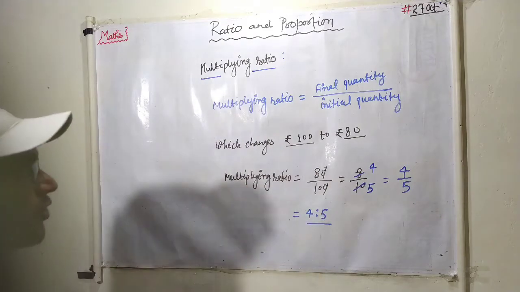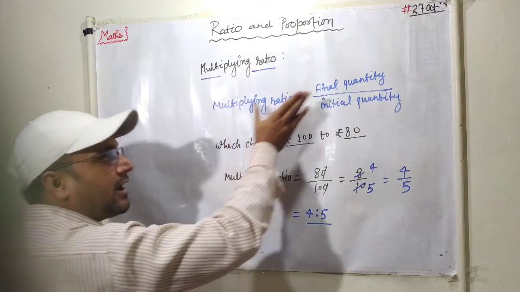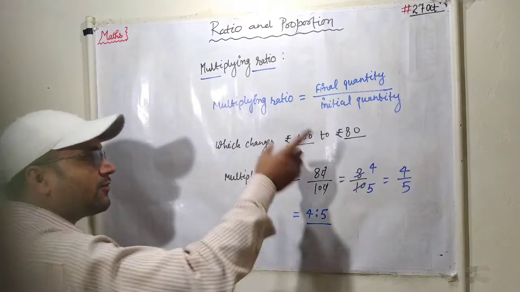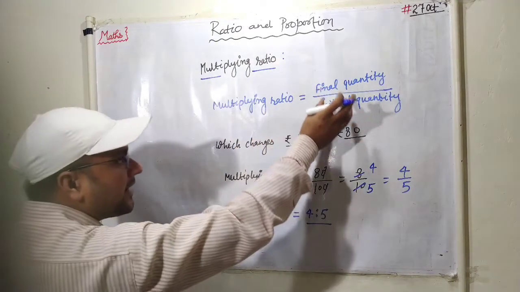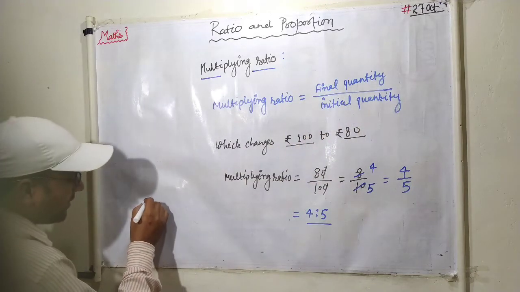Then one more important point: suppose the multiplying ratio is given and the initial quantity is given, and you want to find the final quantity. How will you find it?